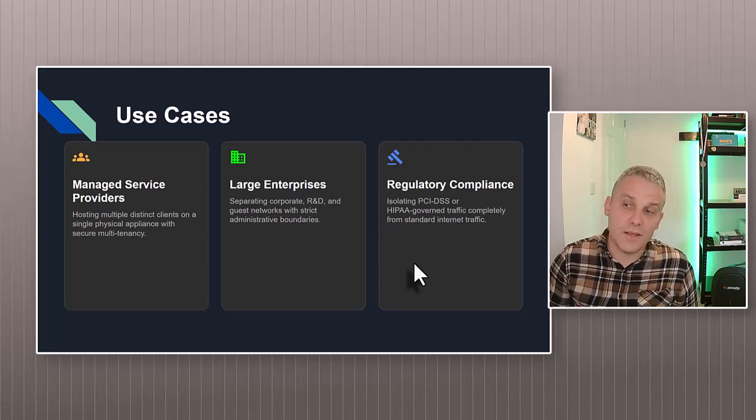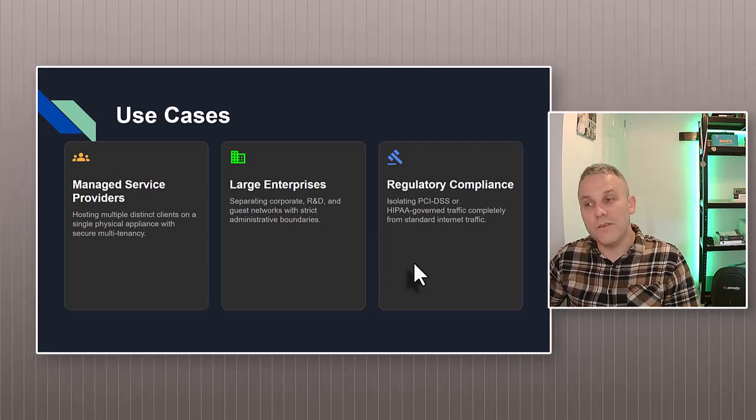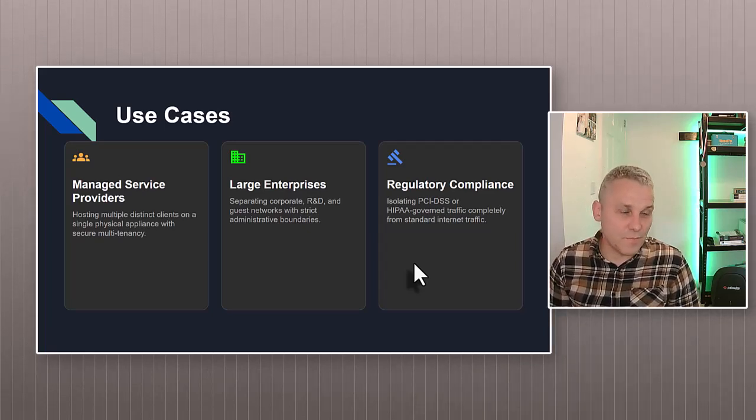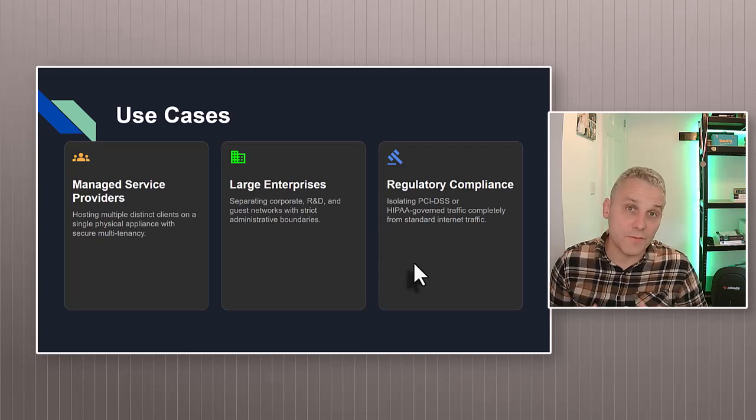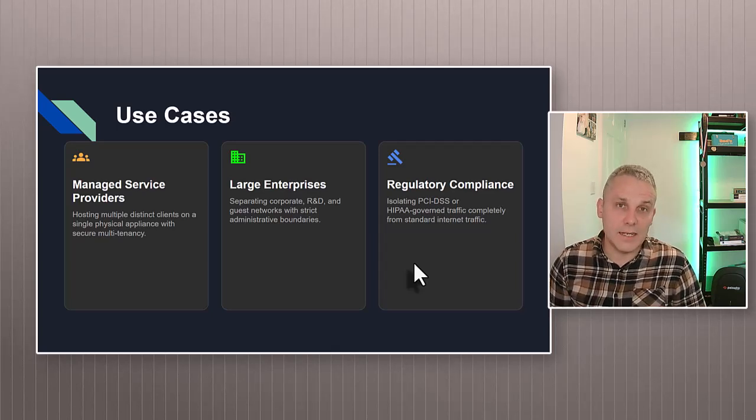For regulatory compliance, then, I know in organizations where patient data is being transacted, there may be requirements to have patient data be transacted over a separate firewall than, say, a guest Wi-Fi or some payment terminal traffic that might be running through a hospital network.